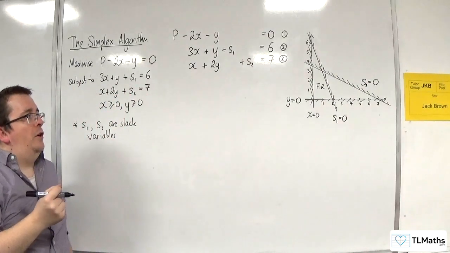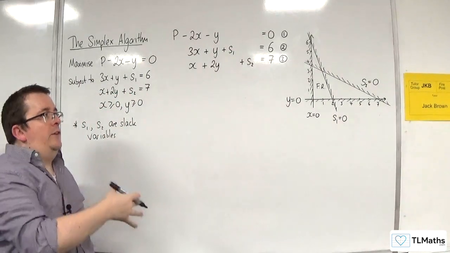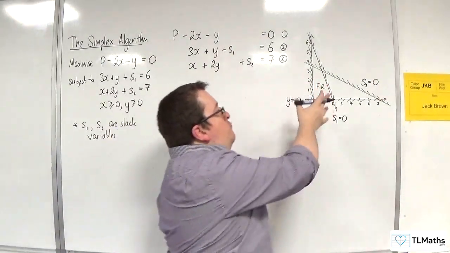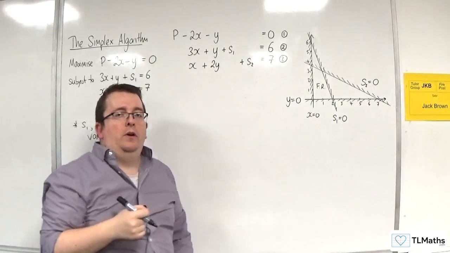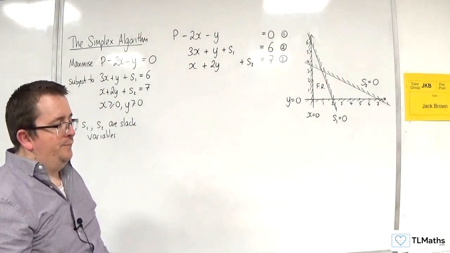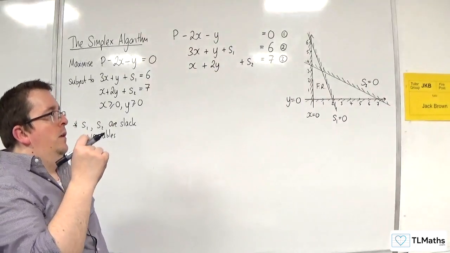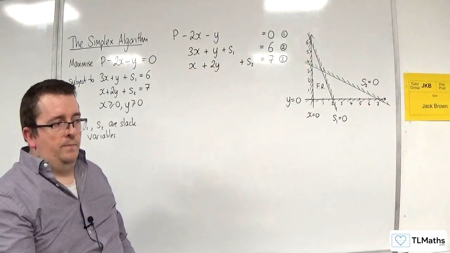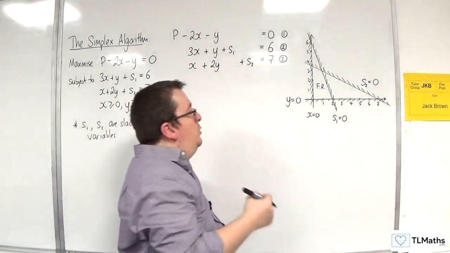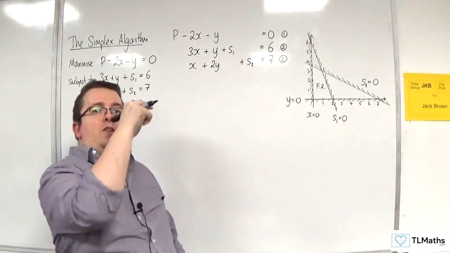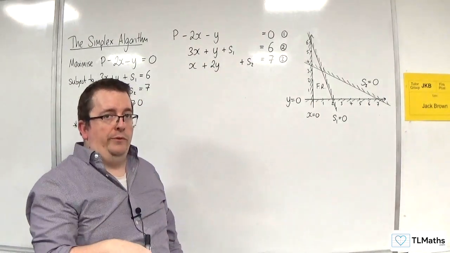Okay? So you've actually got x, y, s1 and s2 equaling 0, and they represent your 4 lines on the graphical linear programming problem that we have. Now, where 2 of these lines intersect, we refer to those as non-basic variables.